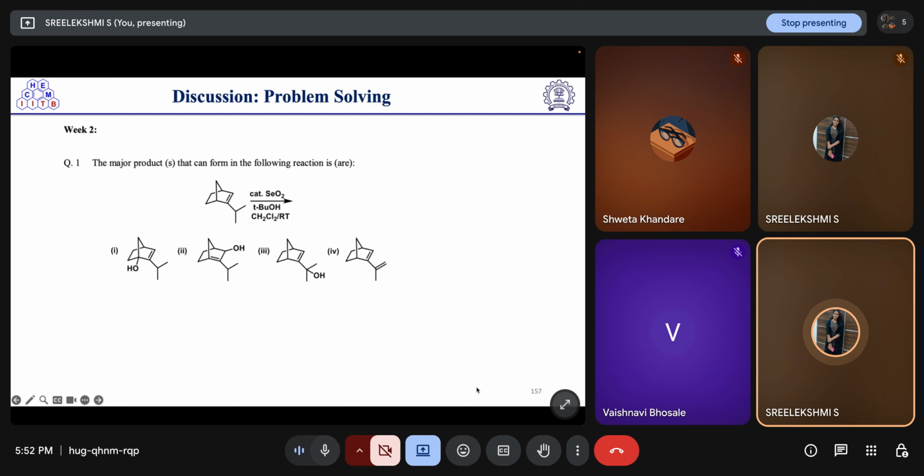Okay, so the first question: the major products that can form in the following reaction is or are. This particular alkene is treated with selenium dioxide in butanol, DCM at room temperature. Which will be the major product here out of the four options given?